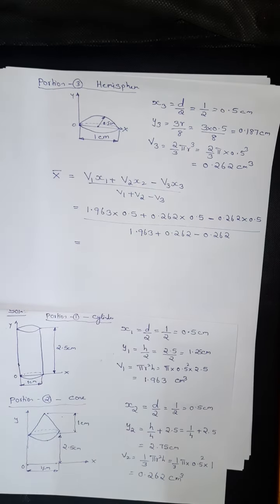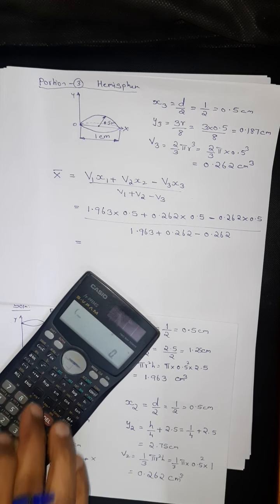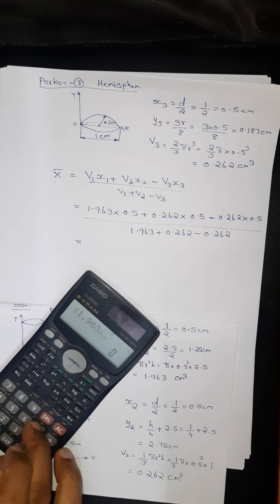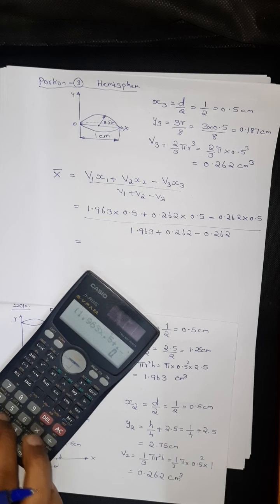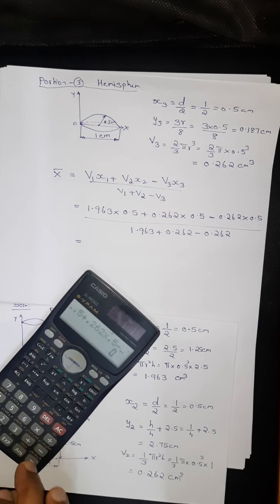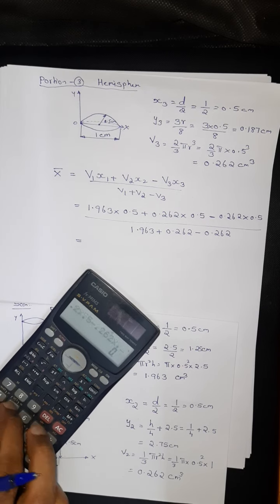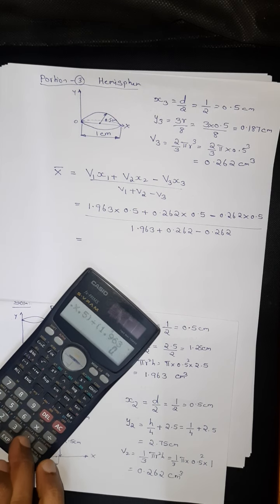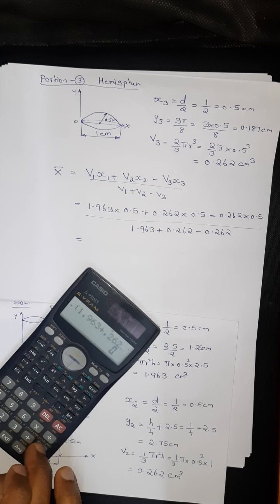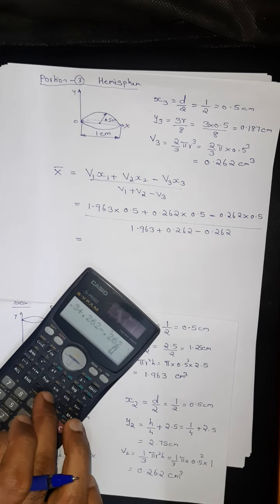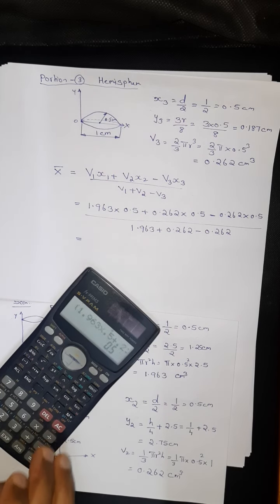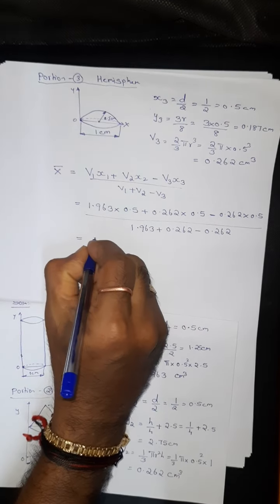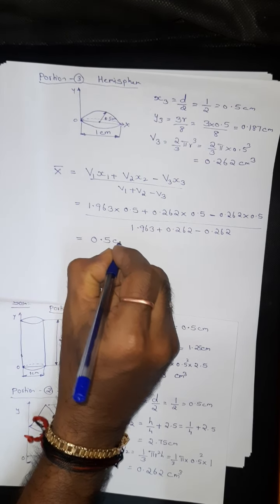If you just feed this value in the calculator, 1.963 into 0.5 plus 0.262 into 0.5 minus 0.262 into 0.5 divided by 1.963 plus 0.262 minus 0.262 equals 0.5 centimeter, right? So the unit of x bar is 0.5 centimeter.